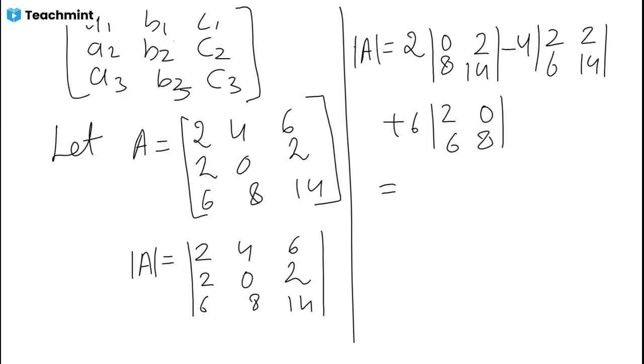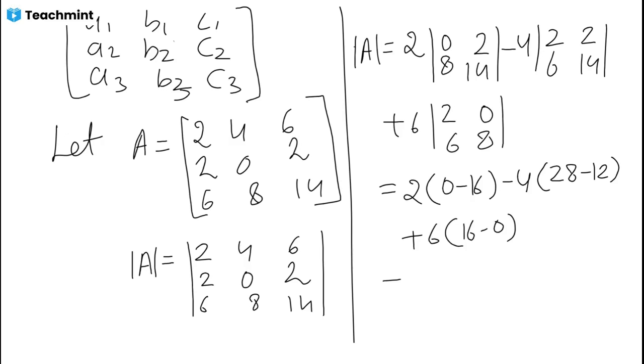So now just simplify it. 0 minus 16, minus 4, 28 minus 12 plus 6. We have 16 minus 0, minus 32 we have. Now minus 4 plus 64.